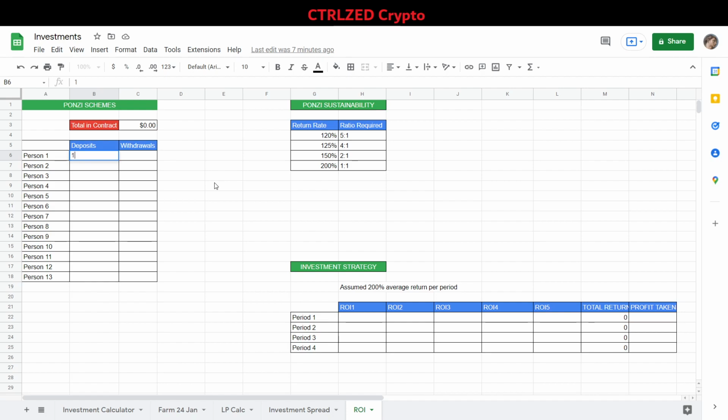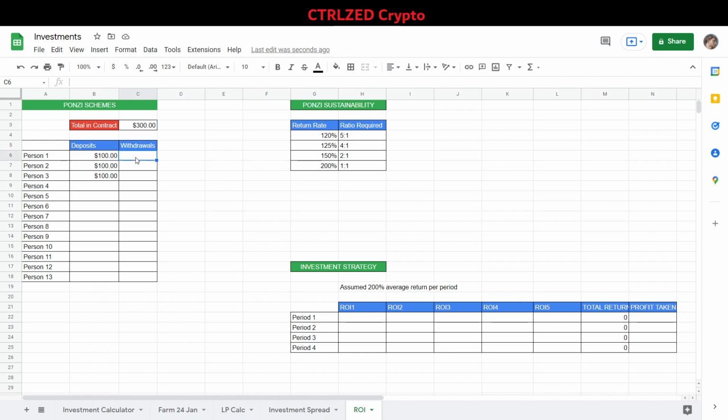So person one comes along and they deposit $100. And then in a couple of weeks, person two puts in $100, person three puts in $100. So the contract is, and I'm calling this contract to create the analogy with the smart contract here, but in the Ponzi scheme at the moment, there's $300 invested.